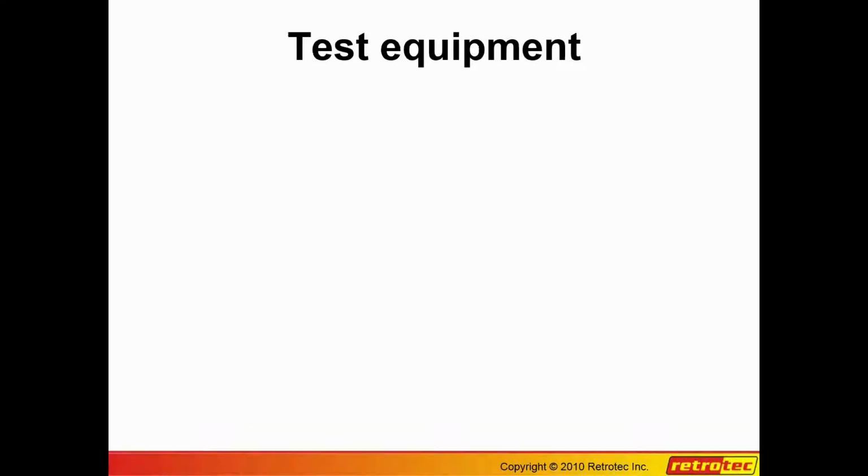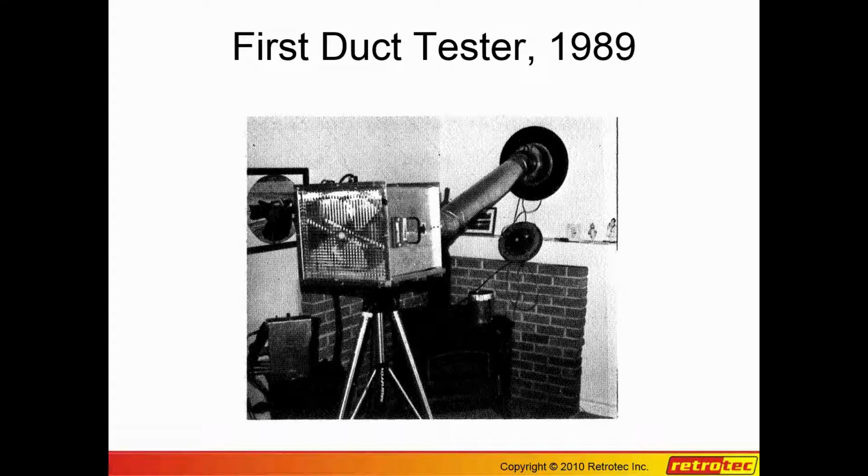Test equipment. There's a variety of test equipment out there. This very modern looking device was one of the first duct testers that I was involved in designing back in the 80s, and it was designed for CMHC research division, who's been responsible for a lot of the building science that we use, North American, even worldwide, was funded by the Canadian government, who then got more interested in selling oil.